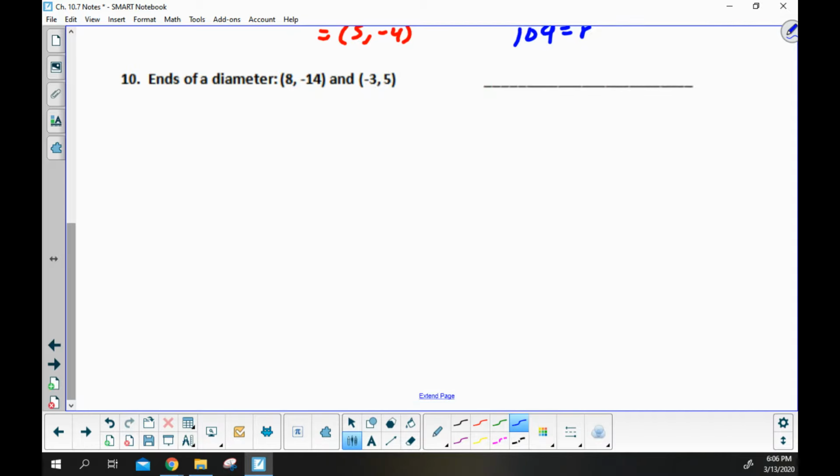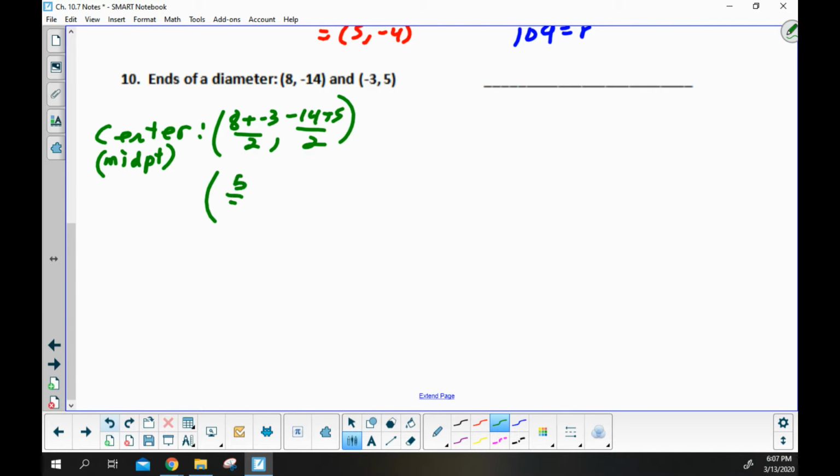All right, we're going to do one more here. Basically the same thing. Ends of a diameter 8, negative 14, and negative 3, 5. We want to find my center. So we're going to find the midpoint. So in this case, 8 plus negative 3 over 2, comma, negative 14 plus 5 over 2.